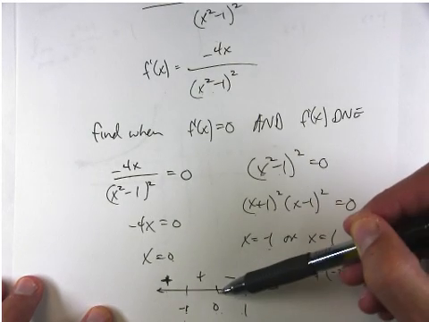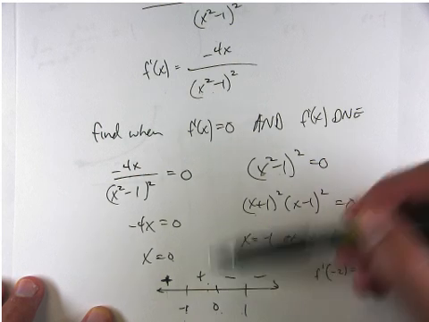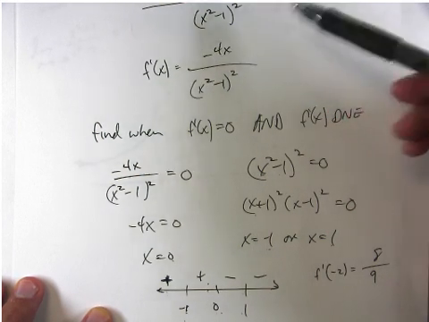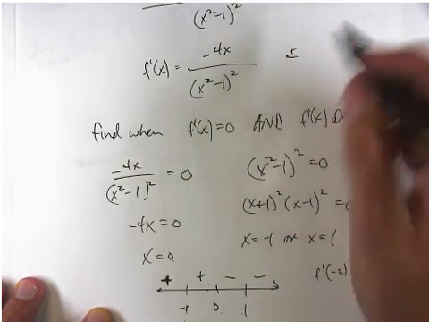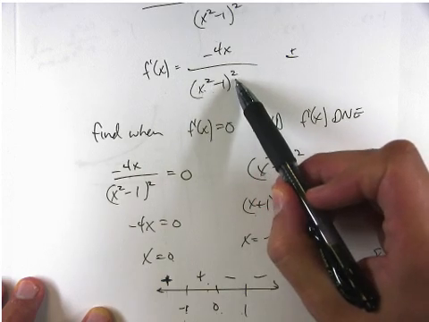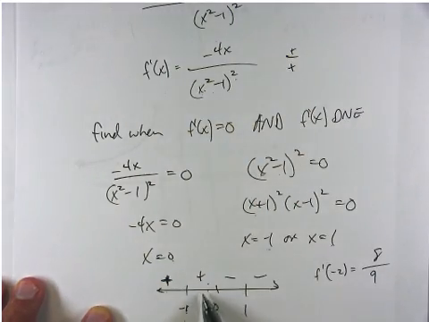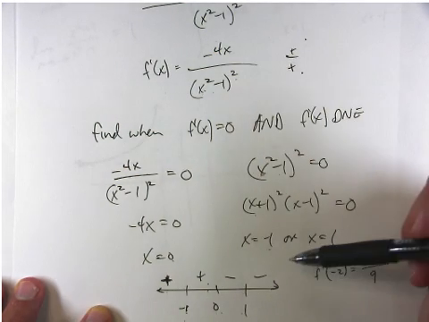If I pick a number that is between 0 and -1, that's a small negative number. And if I plug it in, I'm going to get -4 times a negative number. So the top would look like positive, and divided by some number squared. And if you square a number, it's always positive. So here in this window between -1 and 0, it looks like a positive divided by a positive.